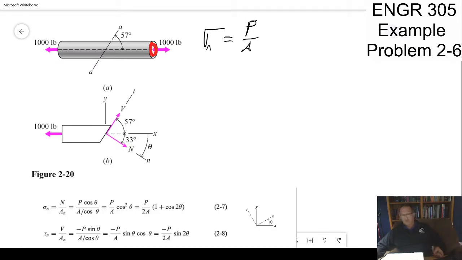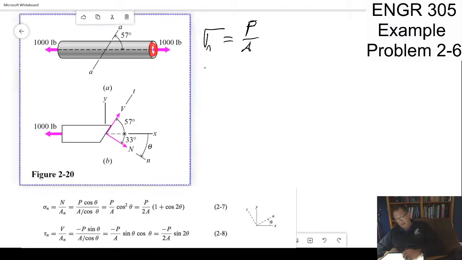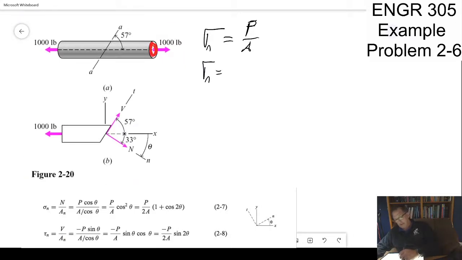The normal stress is equal to P over A times cosine squared of theta, where theta is that transformation angle. It's measured from X to N counterclockwise, in a right-handed rule sense, and our axial stress has to be in the X-axis.